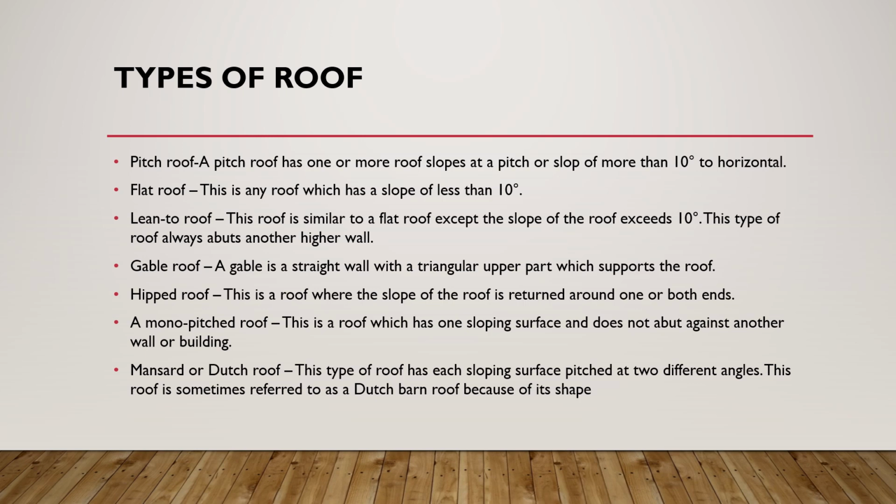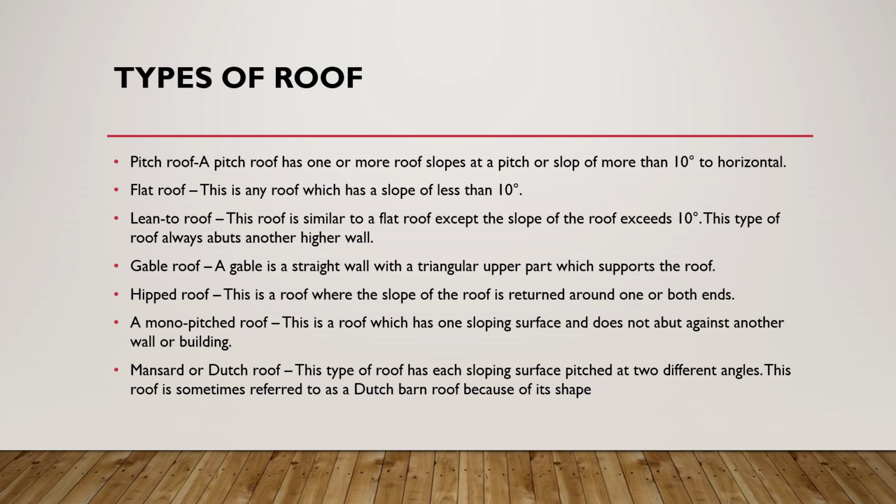And number three, we have the lean roof. This roof is similar to a flat roof except the slope of the roof exceeds 10 degrees. This type of roof always abuts another higher wall, and abut means it is attached to another higher wall.